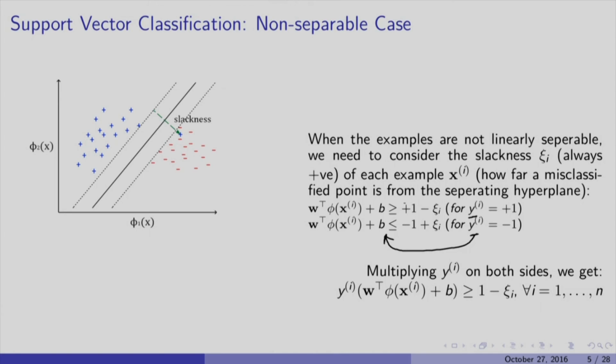We note that the right hand sides of these two inequalities are exactly opposite signs, whereas the left hand sides are exactly the same. So if you multiply by yi, with the swapping of the signs of yi, the inequalities will change. So the first inequality will remain greater than or equal to, the second one will also become greater than or equal to. So therefore you get yi times (W transpose phi(xi) plus b) greater than or equal to 1 minus xi.